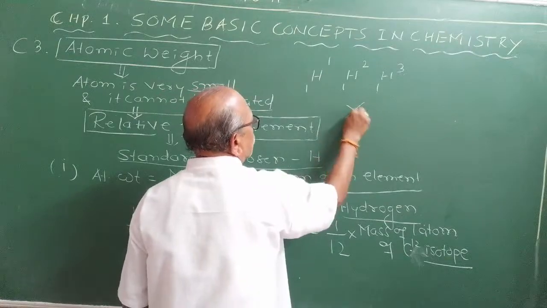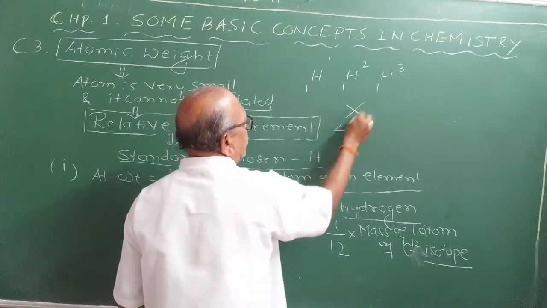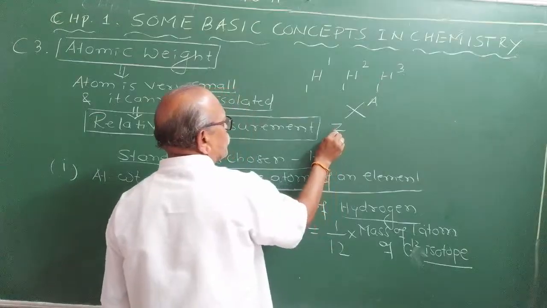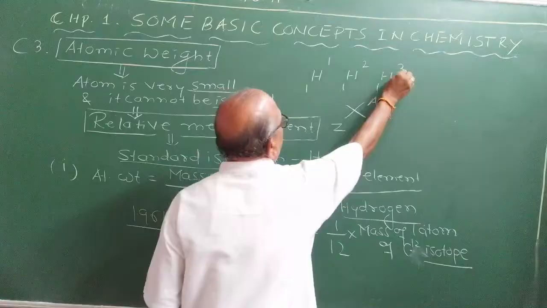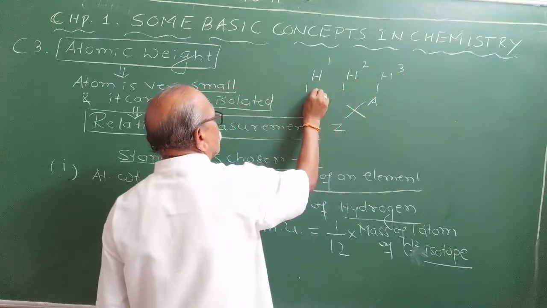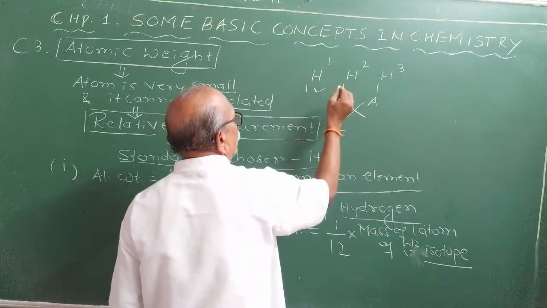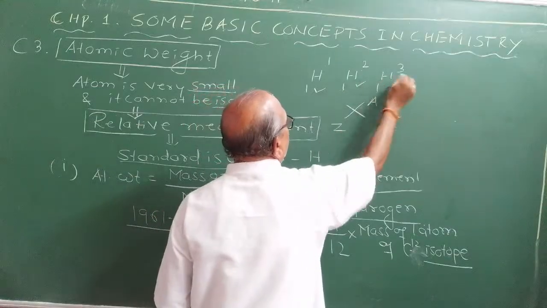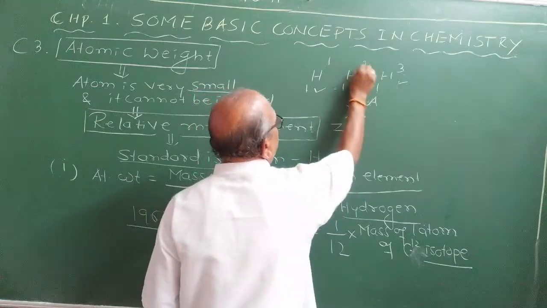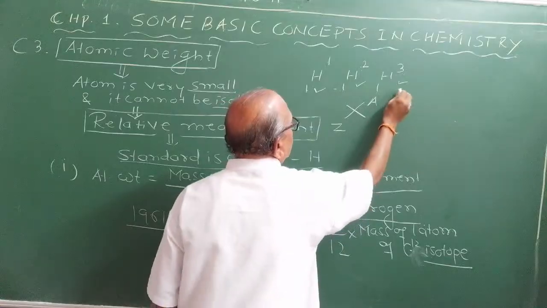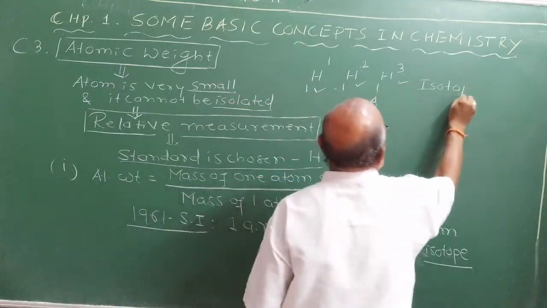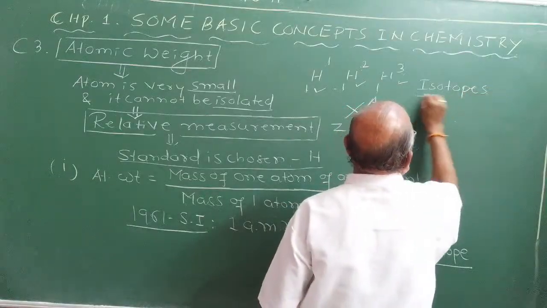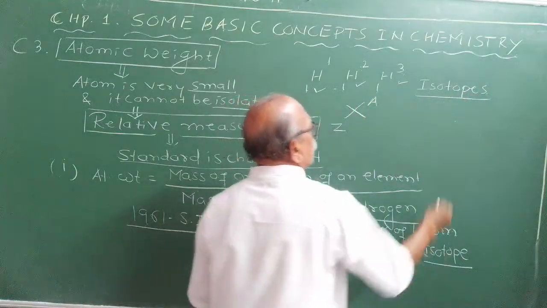Generally elements are symbolically represented, Z stands for atomic number, A stands for atomic mass. They have same atomic number but different atomic masses. They are called as isotopes.